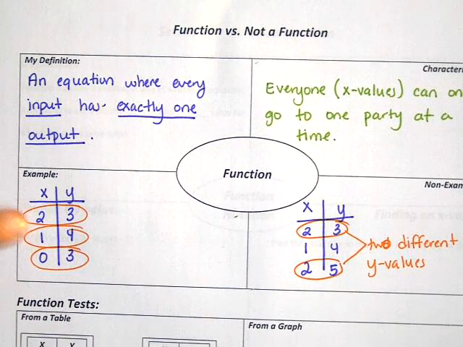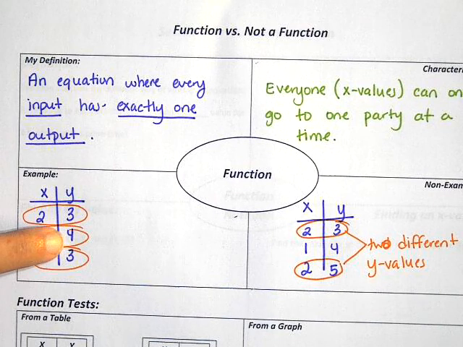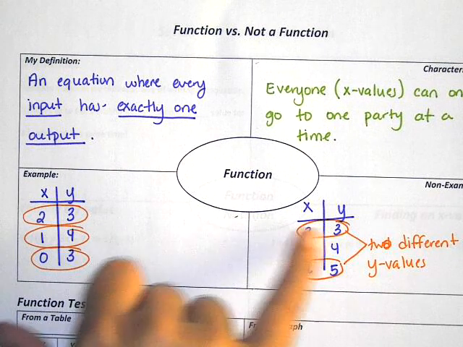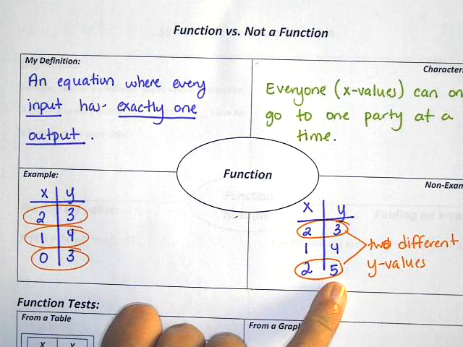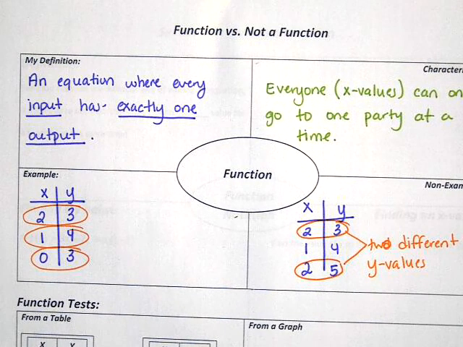So if 2 is going to 3's party, and 1 is going to 4's party, and 0 is also going to 3's party, that's fine. But 2 cannot go to 3's party and also go to 5's party at the same time. So those are kind of the rules for functions. It's a special type of equation where everybody can only go to one party at a time.